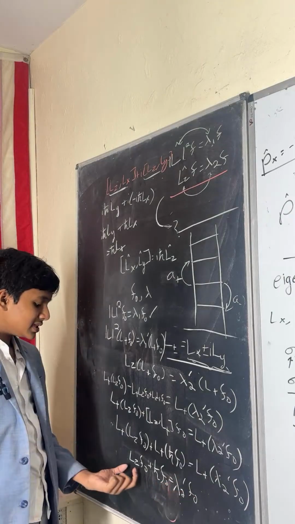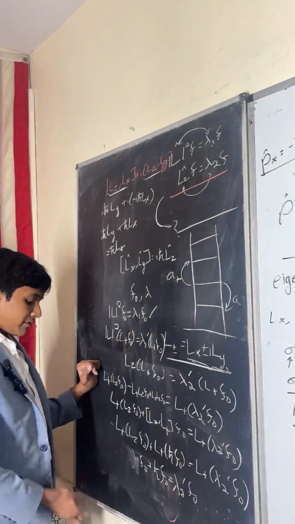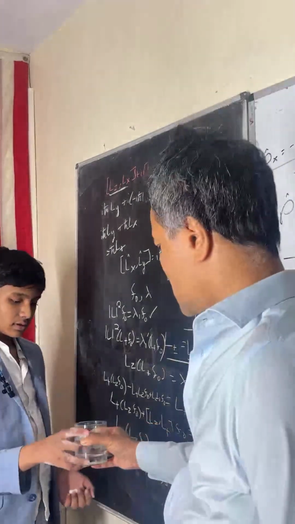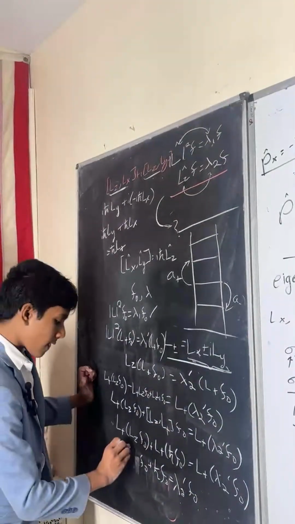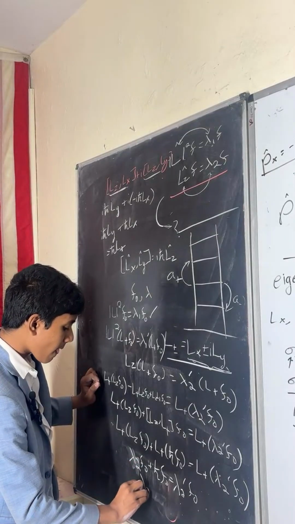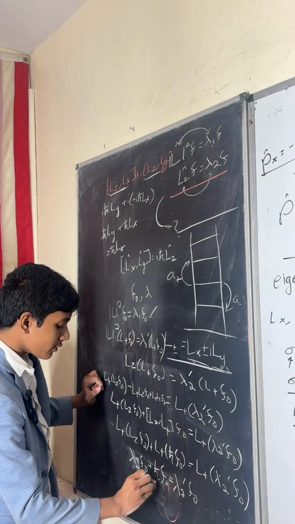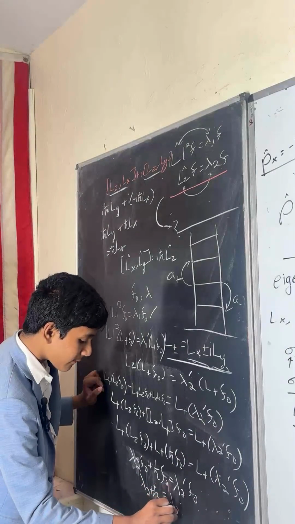Now, LZ F naught we already assumed is equal to lambda 2 F naught, which implies that lambda 2 plus H bar is equal to lambda 2 prime.